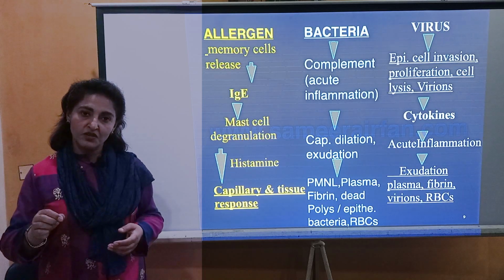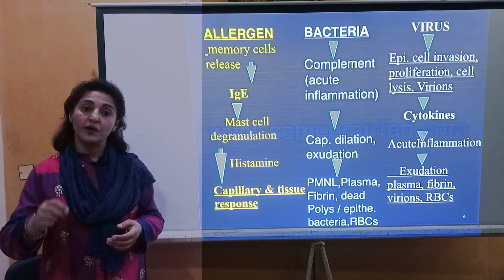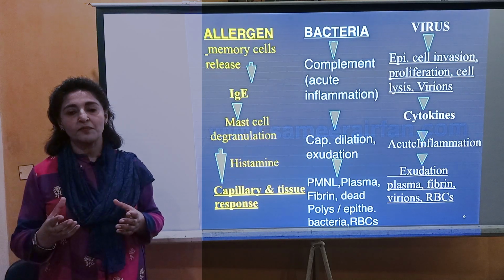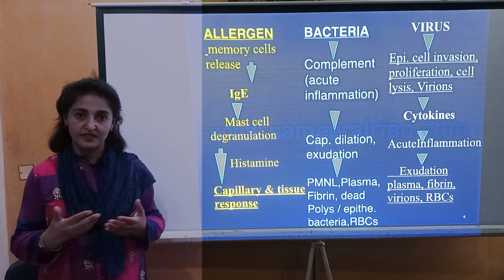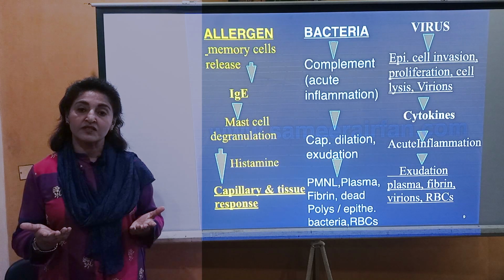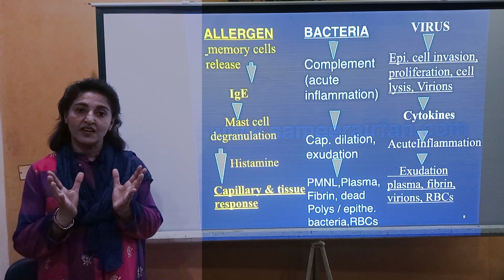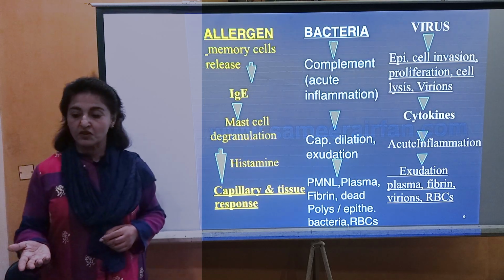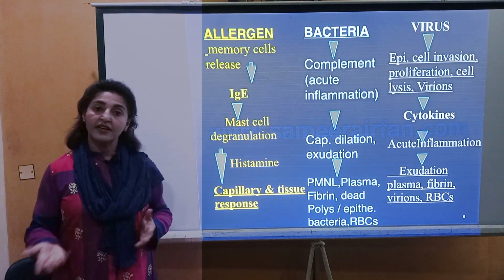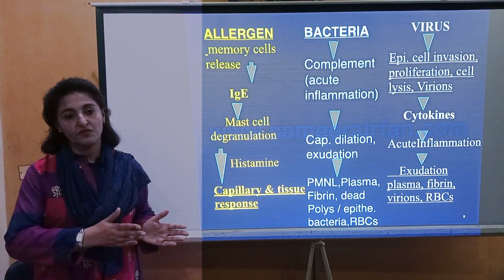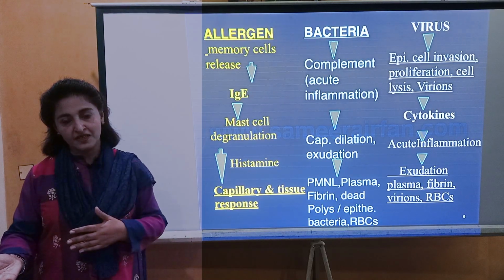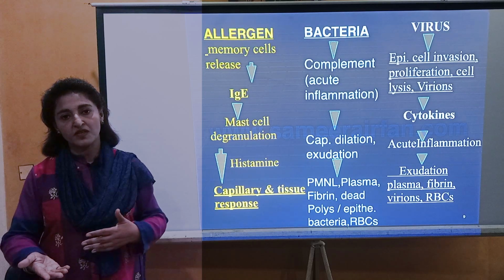So they land on a healthy epithelial cell, invade the cell, and then multiply in it, and once the capacity of the cell has finished, then that cell will rupture and the tiny virions are released, which again cause acute inflammation and exudation of plasma fibrin virions that will infect the remaining epithelial cells, and the process will continue.